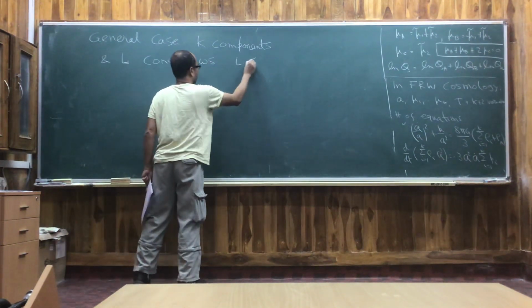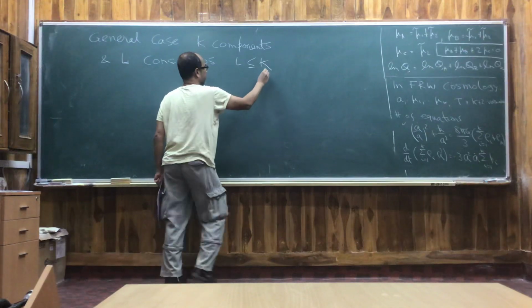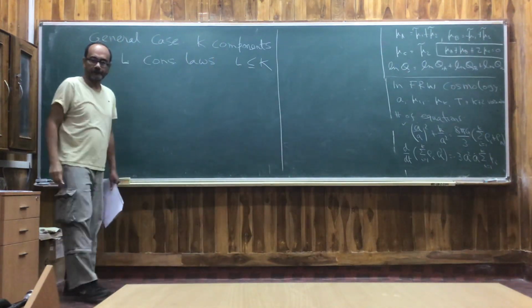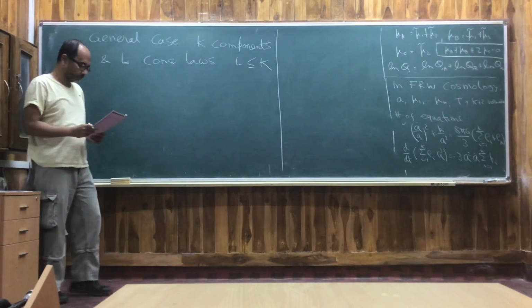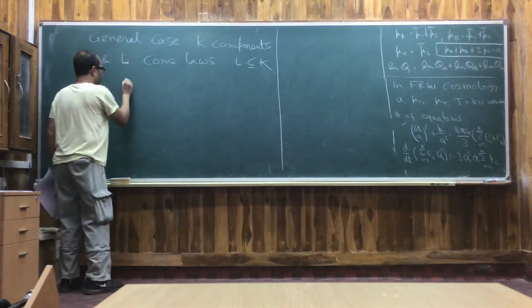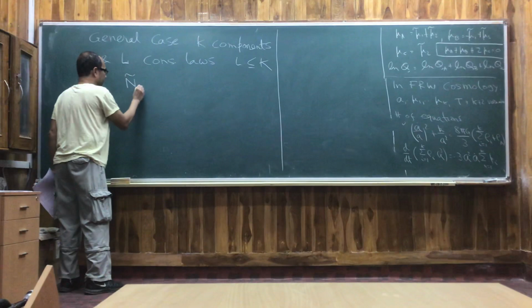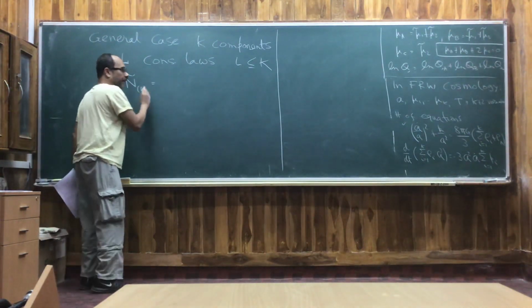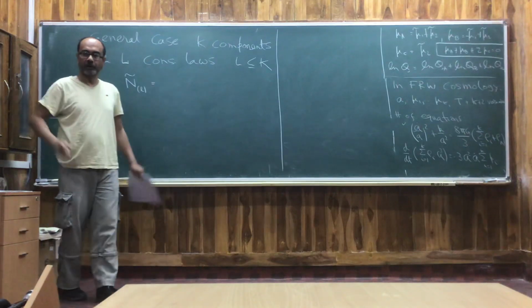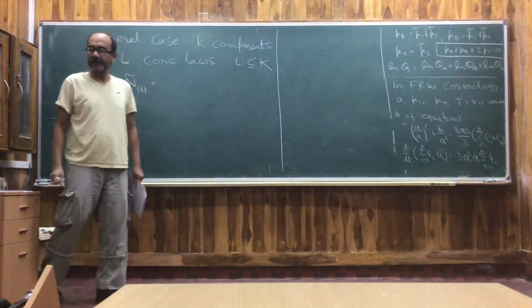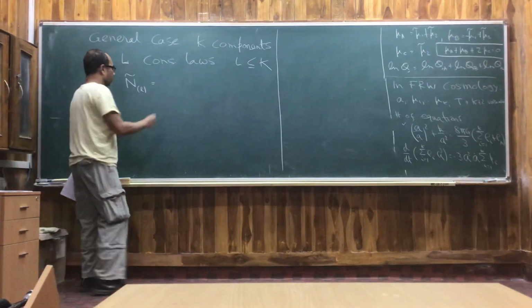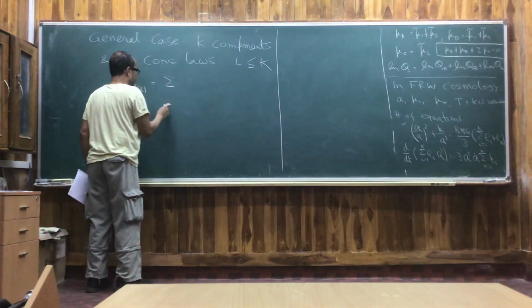L equal to k is the previous case where all are conserved, but in general L conservation laws. And we'll introduce these numbers n tilde L. These are the conserved numbers. Again, we are back to statistical mechanics, not cosmology for the time being. Once you understand statistical mechanics, we'll go to cosmology. So some linear combinations of the ni's are conserved.